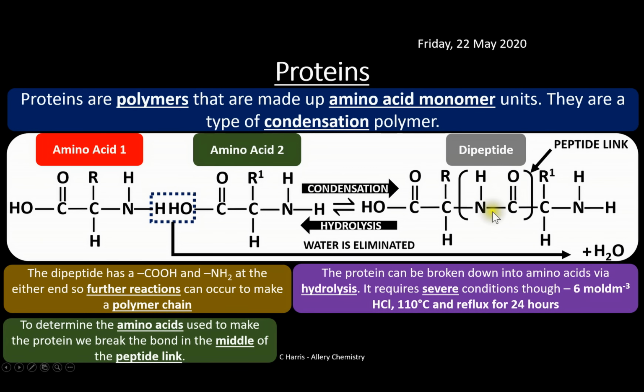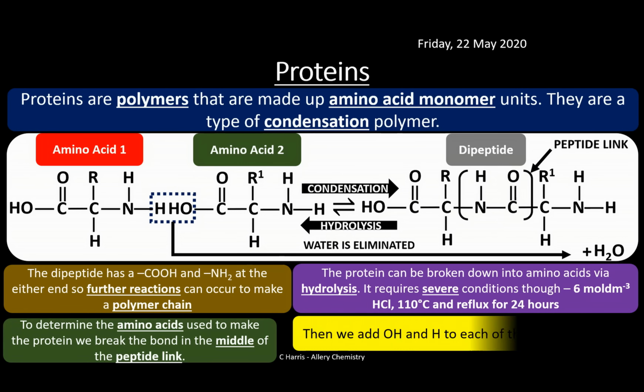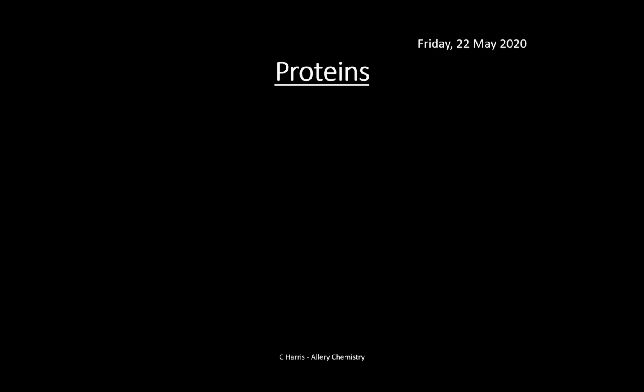Okay, so we break right down the middle of that peptide link. And of course, we add OH and H to each of the amino acid units to reform our monomer units that we can see here. So again, this is no different to what you've seen in the other video to do with polymerization, if indeed you have seen it.